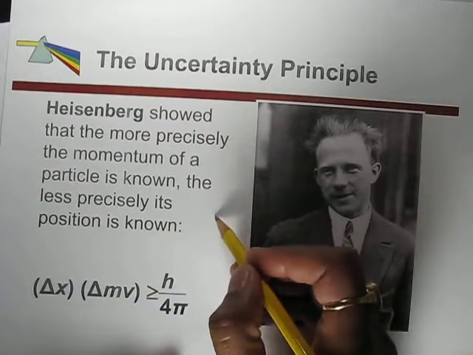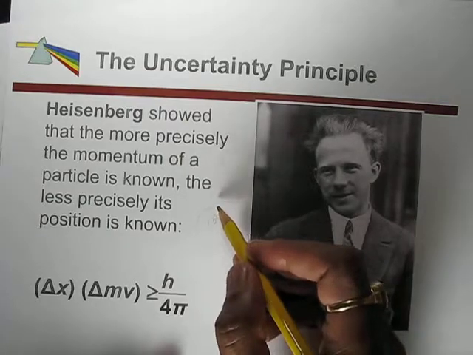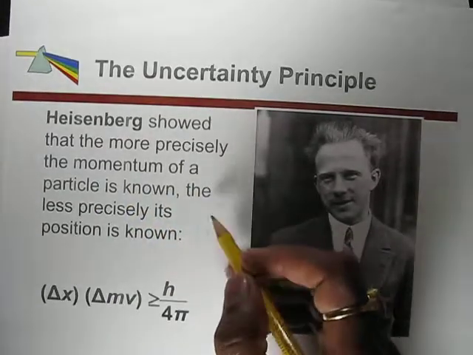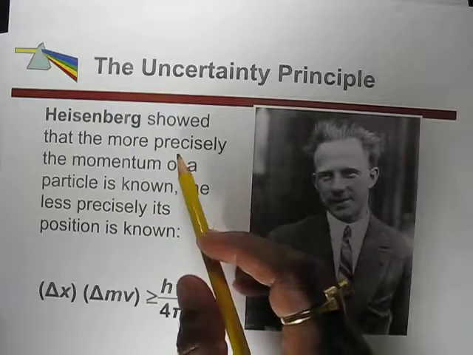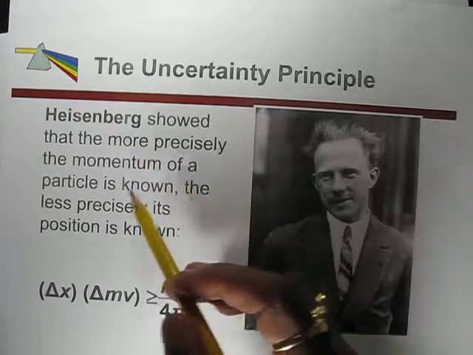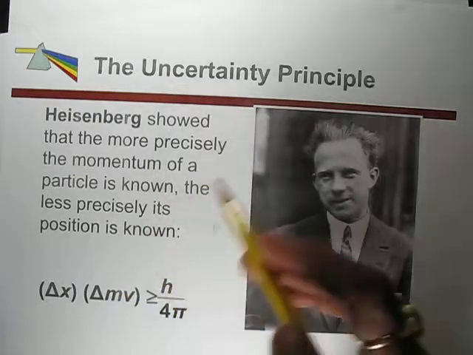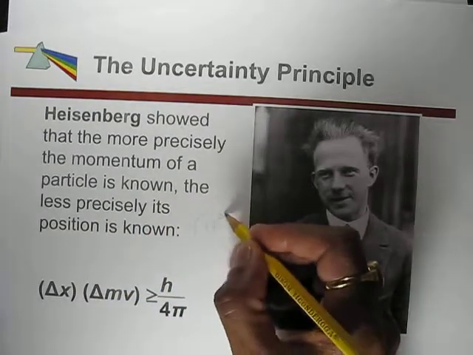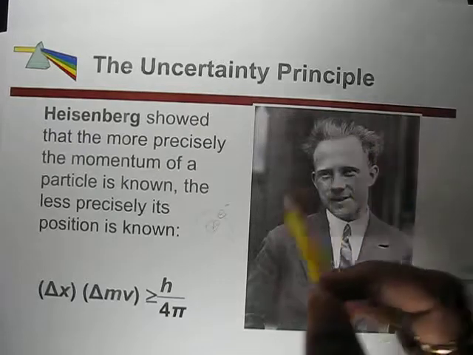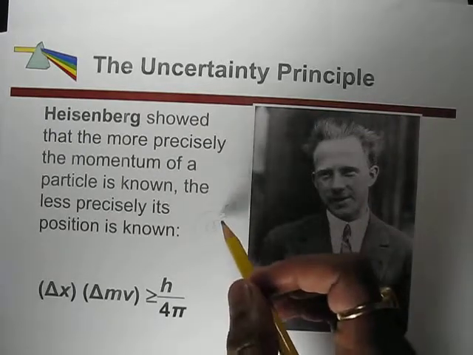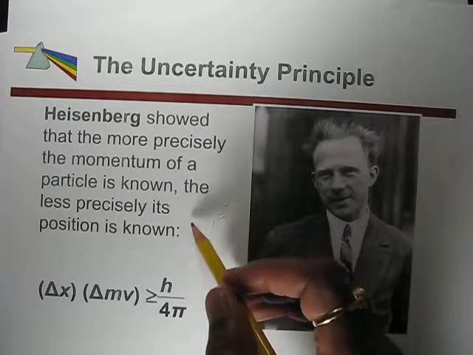So it says that the more precisely the momentum of the particle is known, the less precisely its position is known. Basically the uncertainty principle says that the position of the electron is very uncertain.